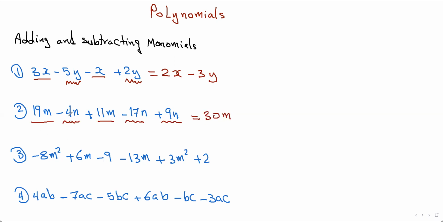And then I have negative 4n minus 17n, that's negative 21n plus 9n, that gives me negative 12n.